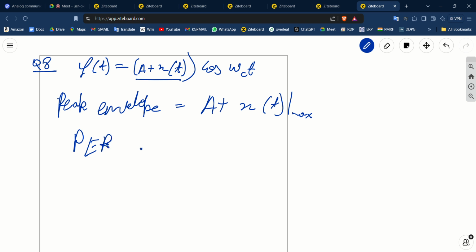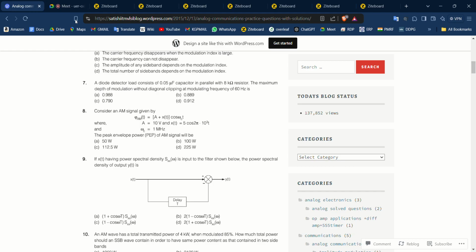PEP is equal to mod of A plus x(t) max, whole square. Now we know mod A plus x(t) will only be maximum when, since A is a scalar, x(t) is maximum, and x(t) is maximum when this cos thing is 1.